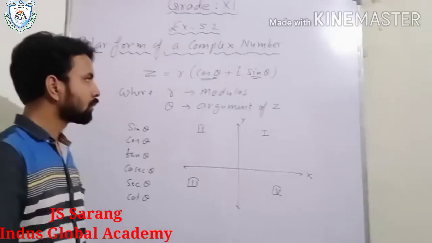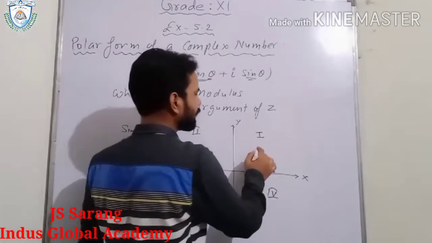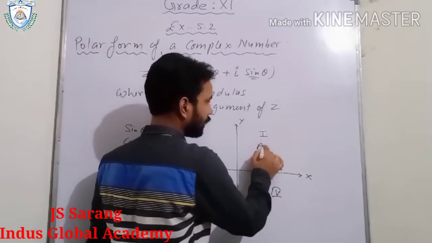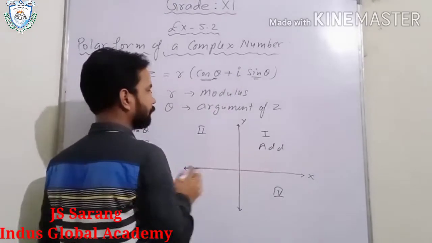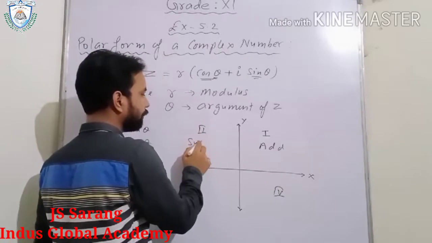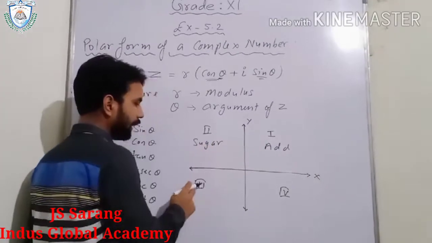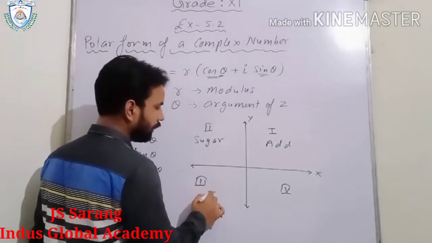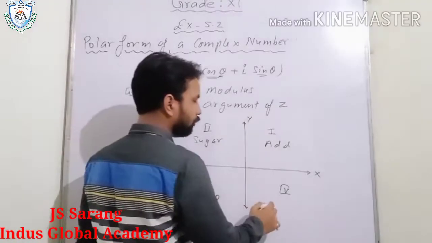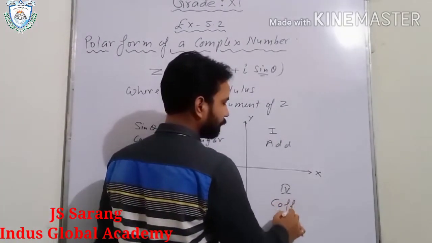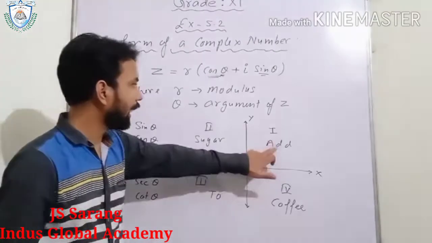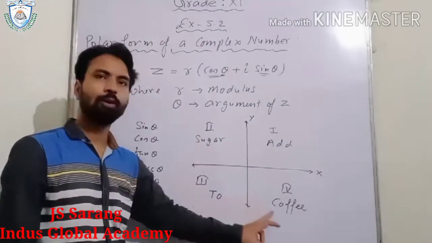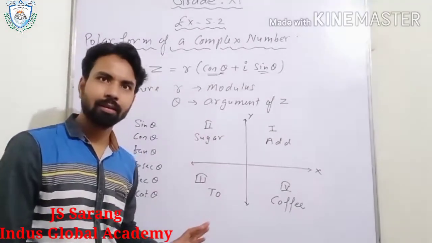In the first quadrant we will write add, in the second quadrant sugar, in the third to, and in the fourth coffee. Add sugar to coffee. Understood?